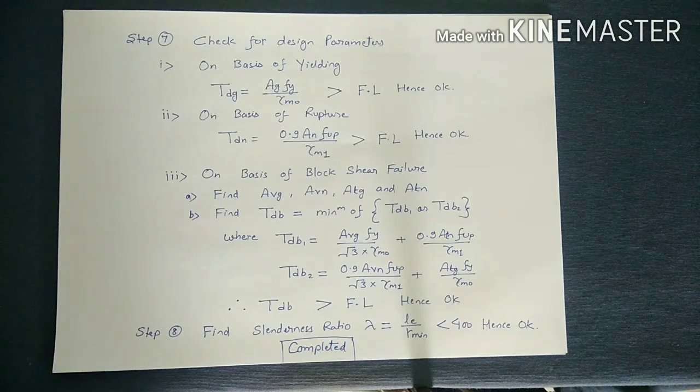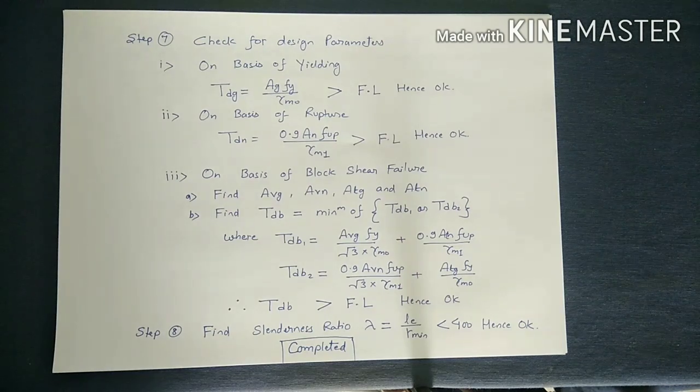Similarly, on the basis of rupture, you have to find TDN, that is 0.9 into AN FUP upon gamma m1, and it should also be greater than factor load. If this situation is satisfied, then it is okay. Third, on the basis of block shear failure, you have to first find AVG, AVN, ATN and ATG.